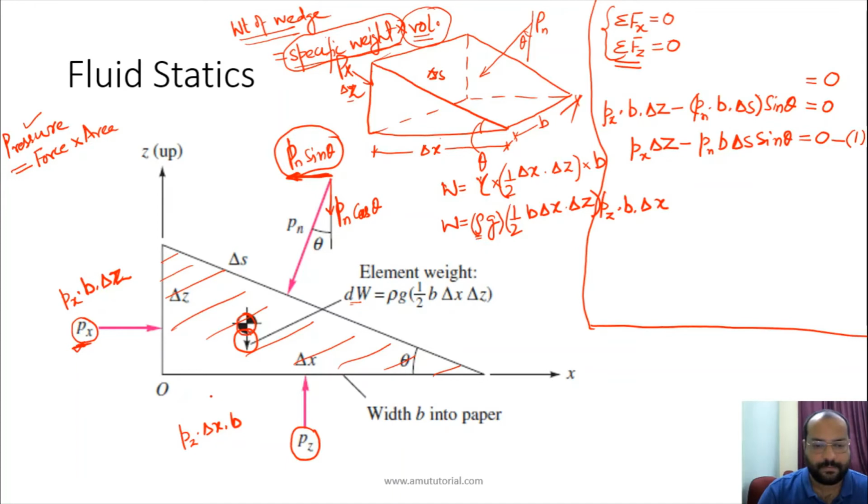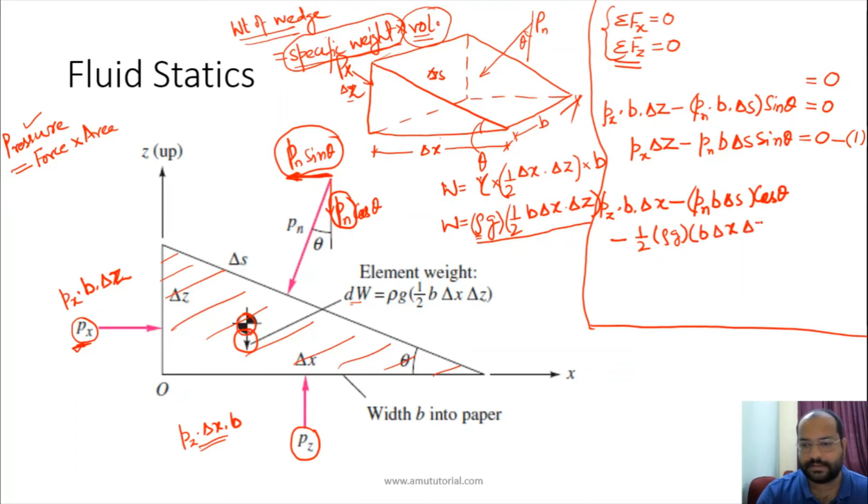So the upward force is Pz b times delta x, and here you can see that the downward component is Pn cos theta, so it will be minus Pn b delta S cos theta. Another downward force is weight, which we have already calculated: half times rho g times b delta x delta z.